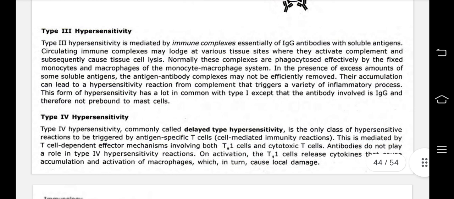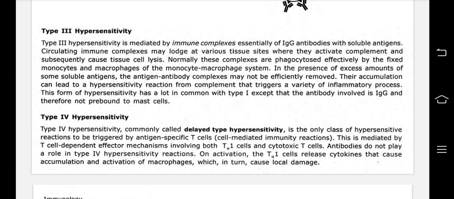Then type 3 hypersensitivity. Type 3 hypersensitivity is mediated by immune complexes, essentially IgG antibodies with soluble antigens. Circulating immune complexes may lodge at various tissue sites where they activate complement and subsequently cause tissue cell lysis. Normally, these complexes are phagocytosed effectively by the fixed monocytes and macrophages of the monocyte macrophage system.